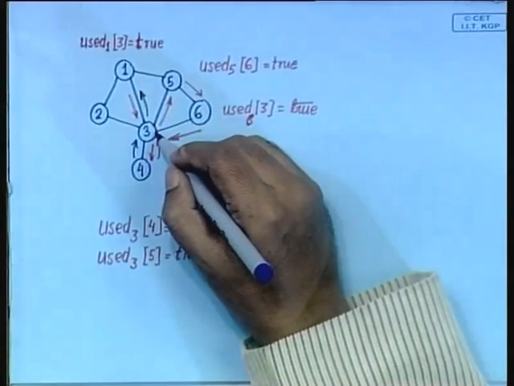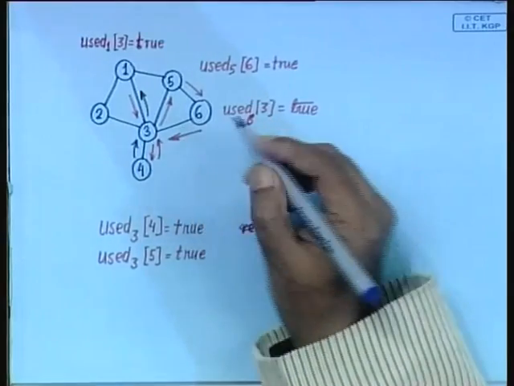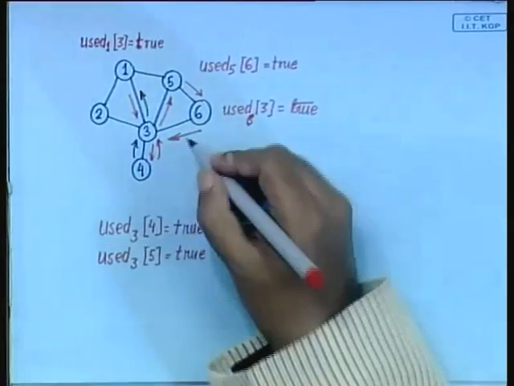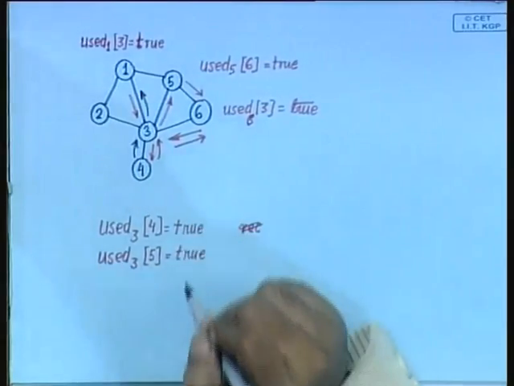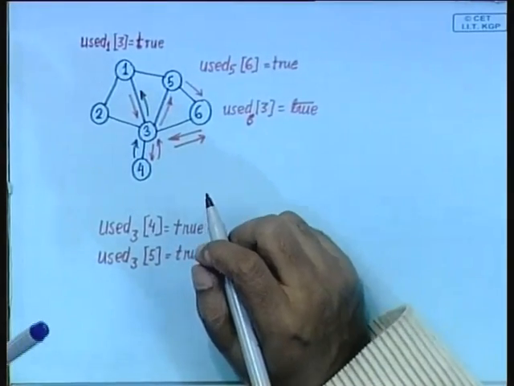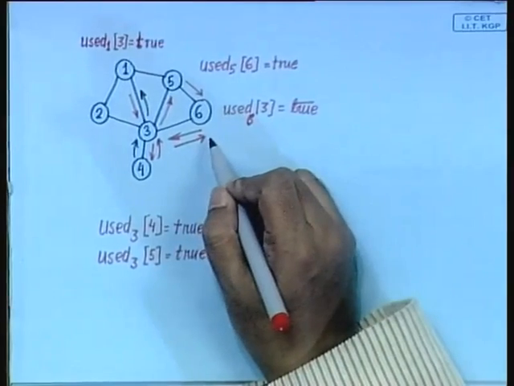So, if this has come back and this is not visited, so we will send it back along this. So, token will go back here. This is the backtracking that happens in a depth first search. This is where the backtracking is initiated.